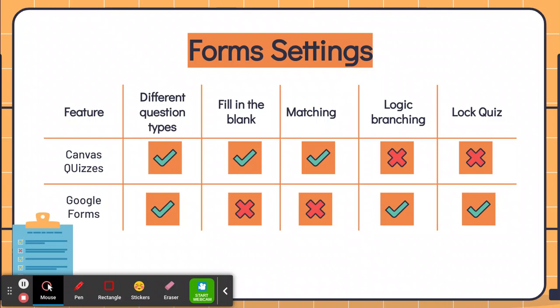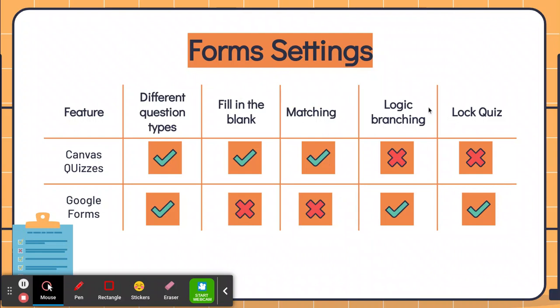The spelling has to be accurate for Google Forms to be able to effectively collect answers for fill in the blank. Matching is not available in Google Forms, but it is available in Canvas quizzes.